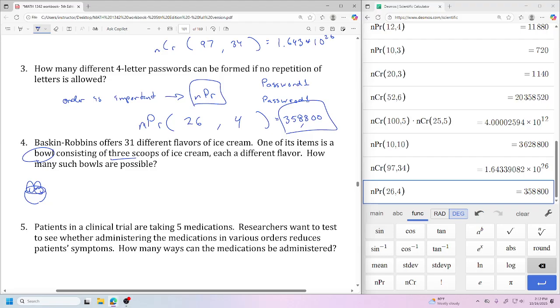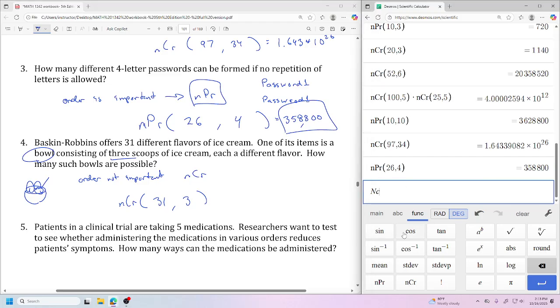And they put the vanilla in first. You're like, nah, dump it. I don't want that. Exactly. So order is not important. So that's nCr. What's my total? And I'm selecting how many?